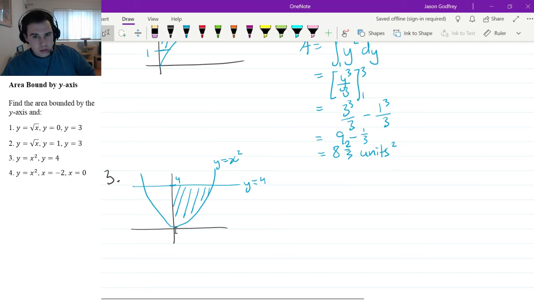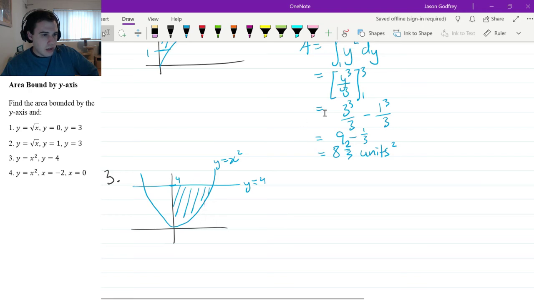To be honest, personally, I think the easiest approach is to just find this value here and do the rectangle, and then minus the area under the curve.